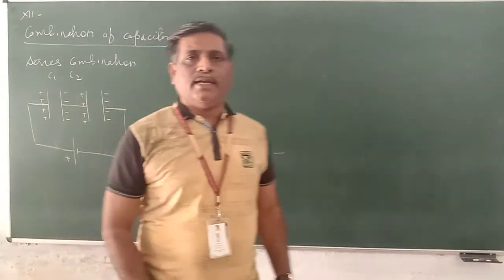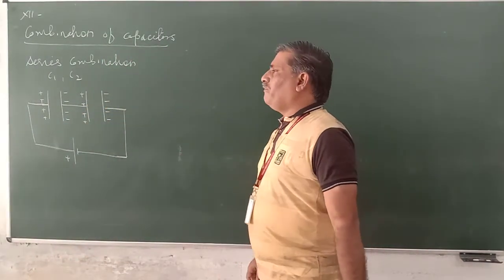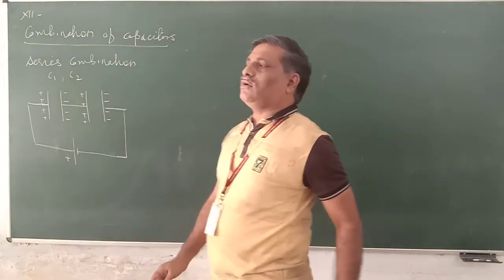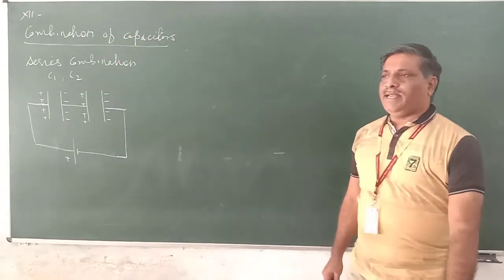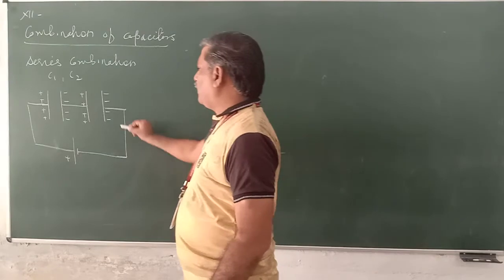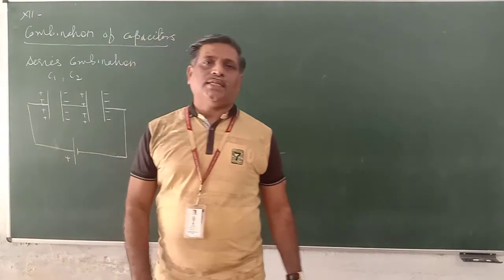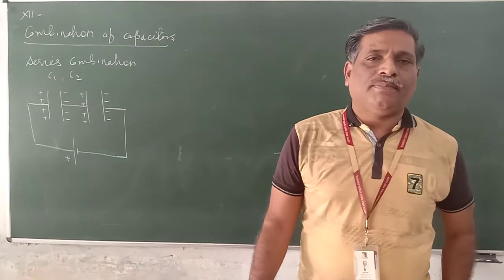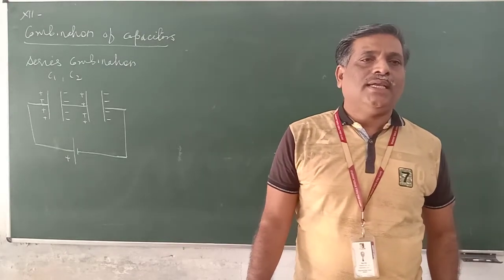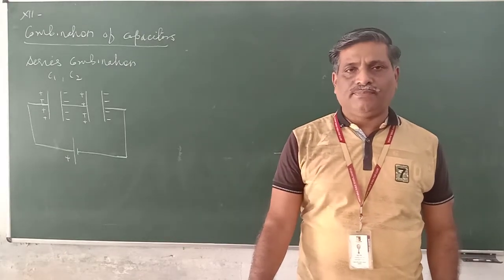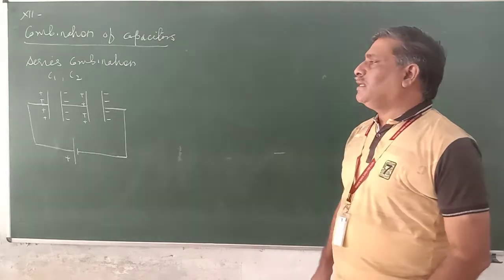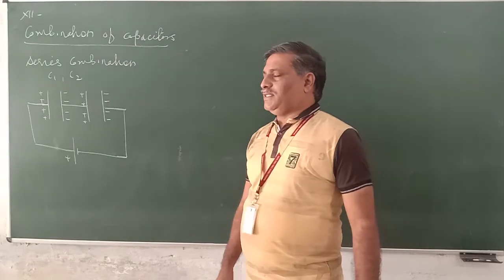If charges are equal, then no field or current will flow. But if charges are not equal, then an electric field will set up in the conductor and charges will go from one plate to another as long as equilibrium does not exist. When charges become equal, no further exchange takes place.